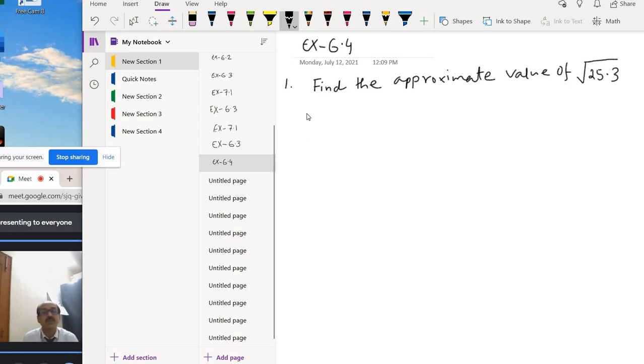Find the approximate value of under root 25.3 using differentials up to 3 places of decimal.